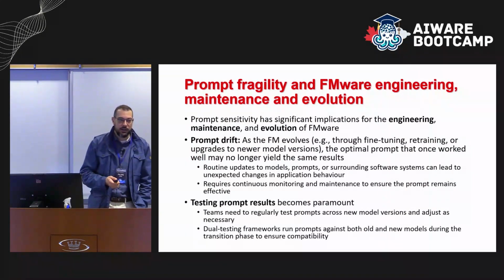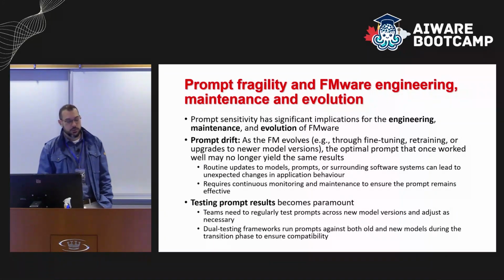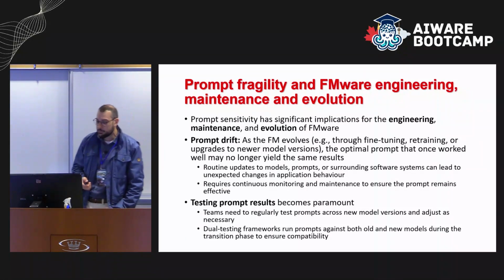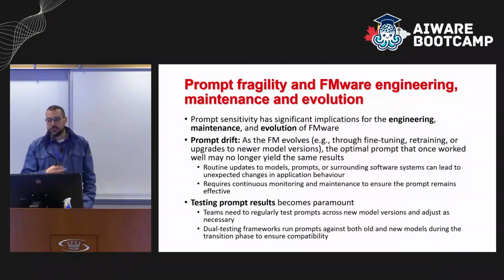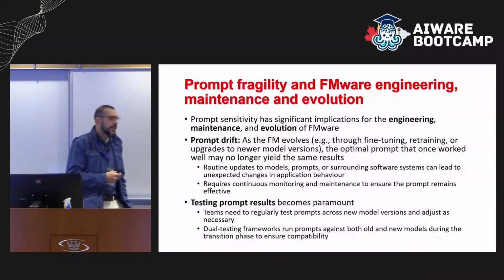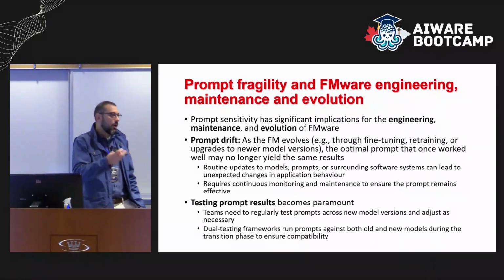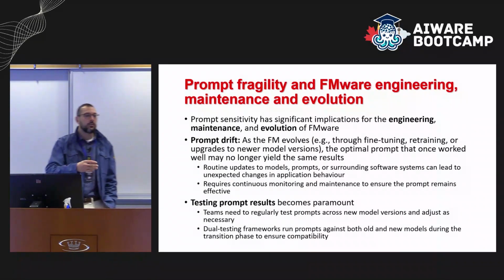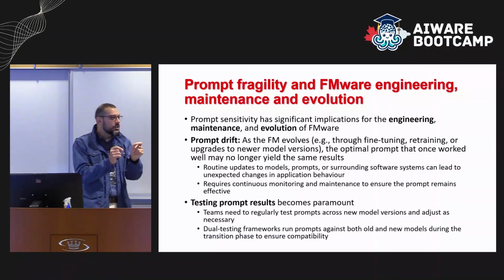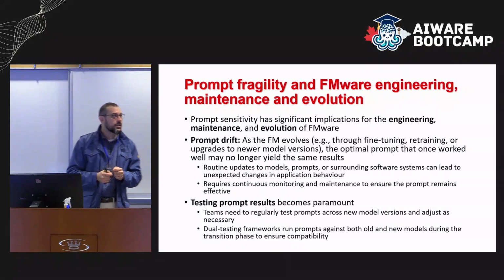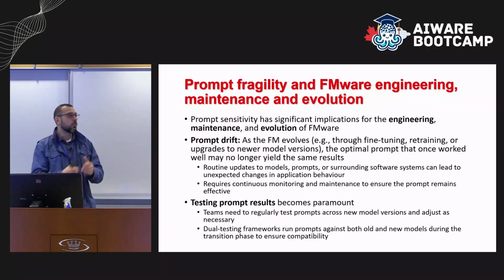Now, in terms of engineering of foundation models, and to maintain and evolve these systems, prompt sensitivity has very strong implications. First of all, there is prompt drift. As these foundation models evolve, are retrained, are trained with new data and so on, new versions or releases of the model will come up, and then the prompt that you had previously, that you spent a lot of time tuning, changing format, changing the order of the examples, etc., just doesn't work anymore, or works worse.